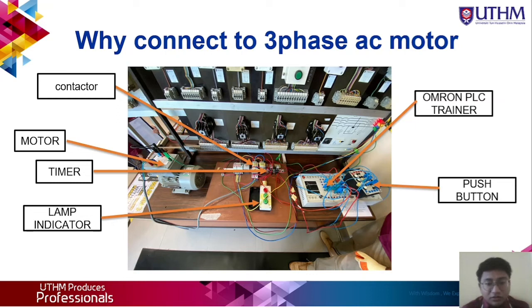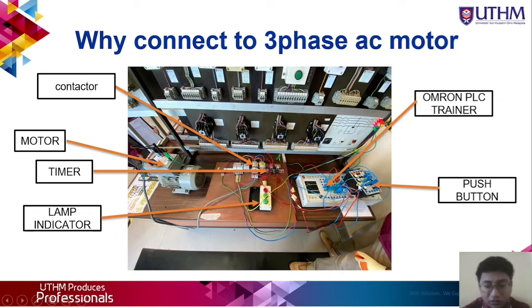What we look at here is a trainer. This is a push button, lamp indicator, timer, motor, and contactor. This is how it works: push button 1 stands for forward, push button 2 for reverse, and push button 3 for reset.